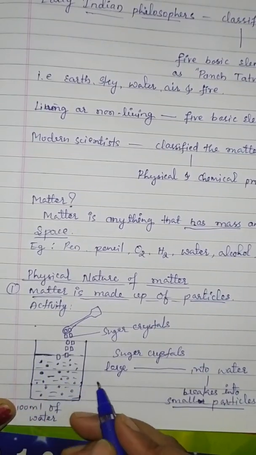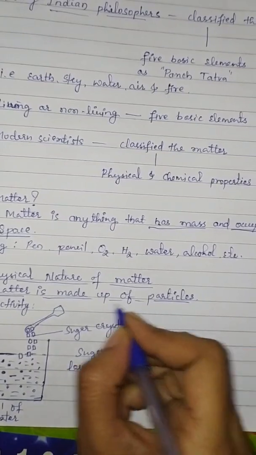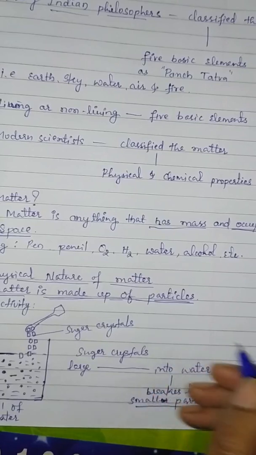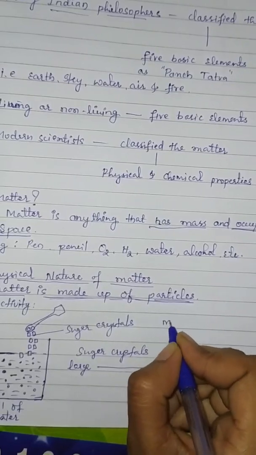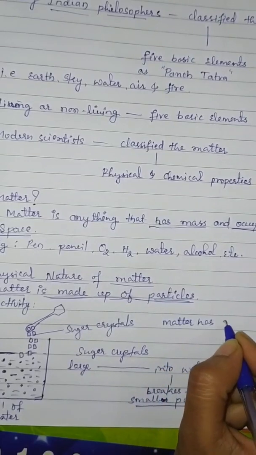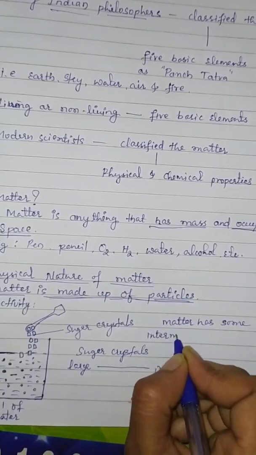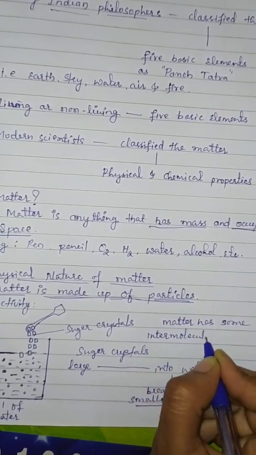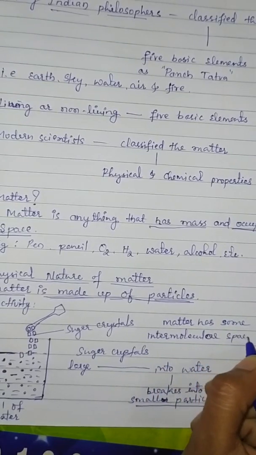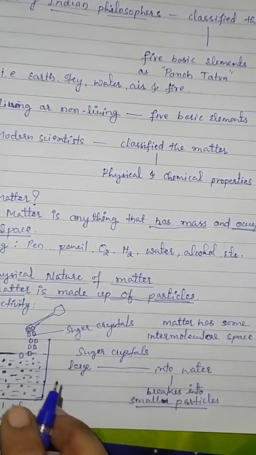From this activity we can conclude that matter is made up of particles, and also we can conclude that matter has some intermolecular space, that is between the molecules inside the matter there will be some space.